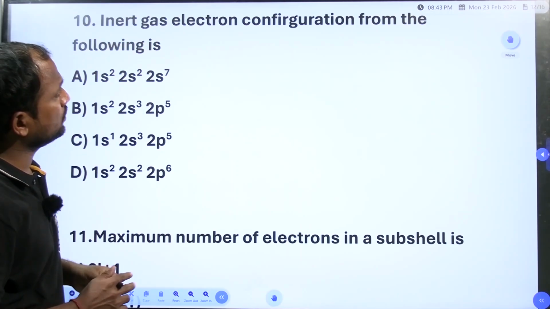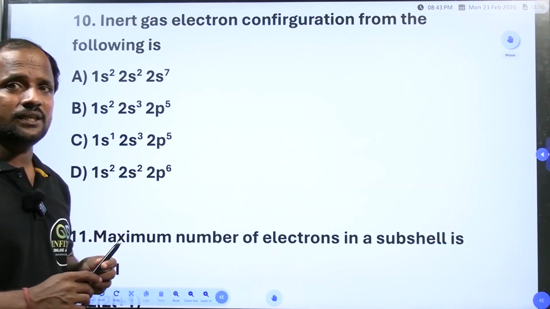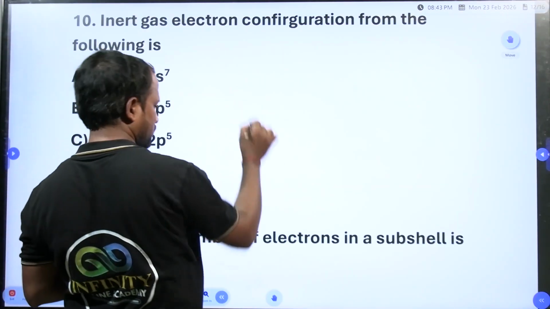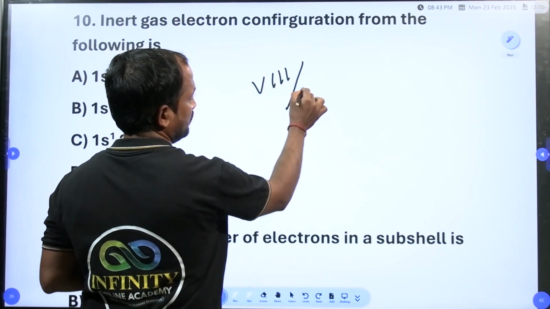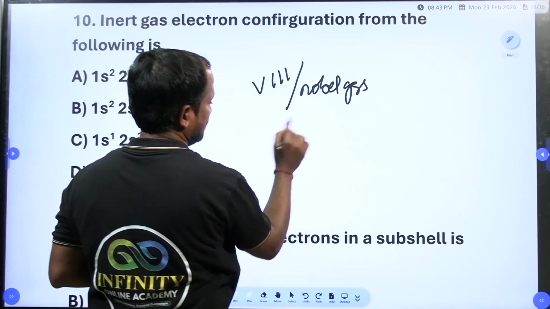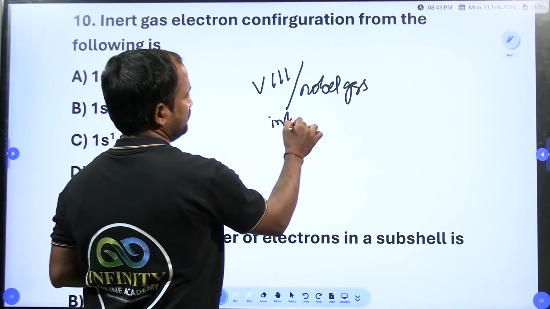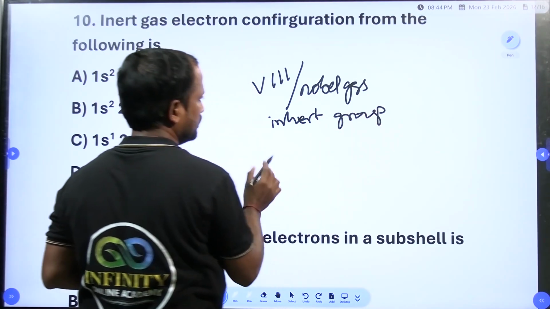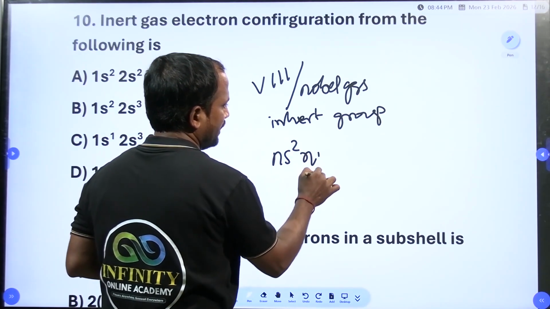Which is an inert electron configuration from the following? Inert means the last, 8th group elements, the noble gases. This group is also called the inert group. They have the electronic configuration ns2 np6.